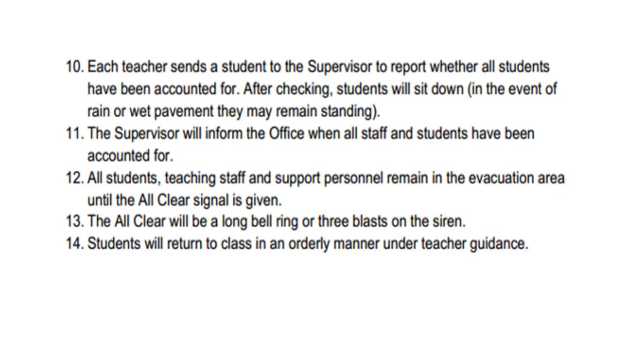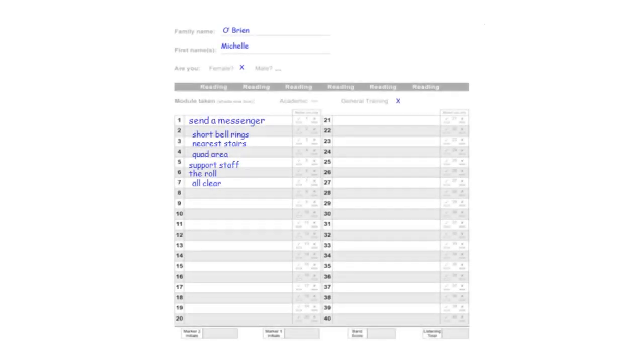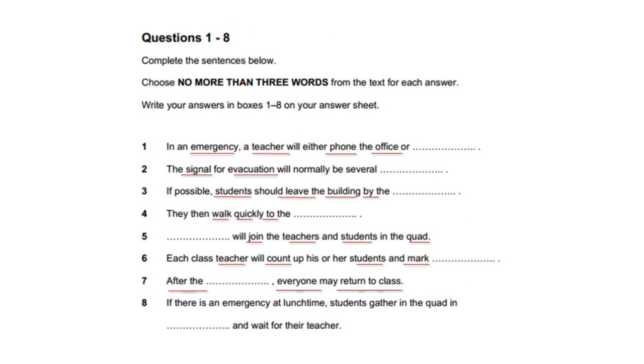So we can see that the missing words are the all clear. So on your answer sheet, write all clear for the 7th answer, then return to the question paper and look at question 8. For question 8, you need to complete the following sentence.